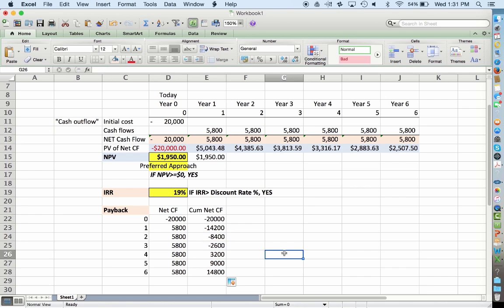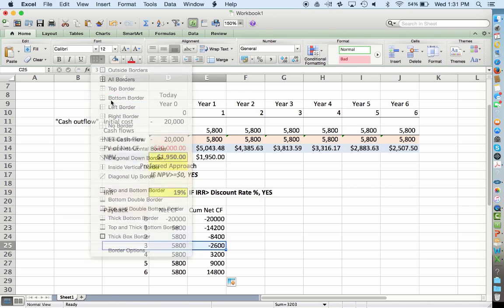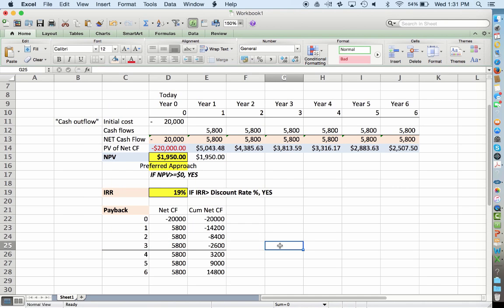And what I've done is I've figured out that somewhere between year 3 and 4, I'm going to break even on this thing, right? That's what payback represents.